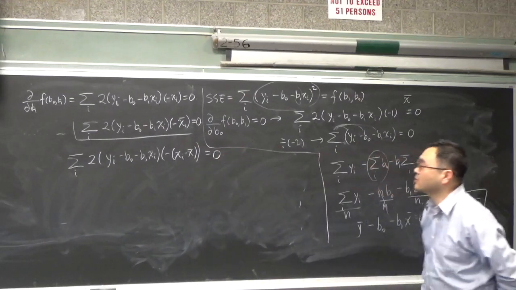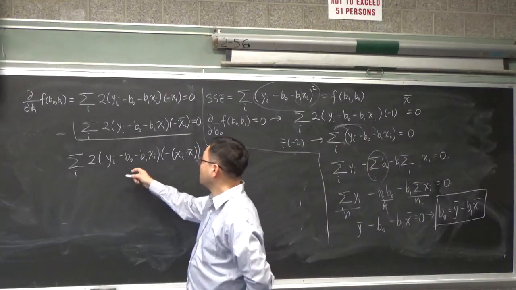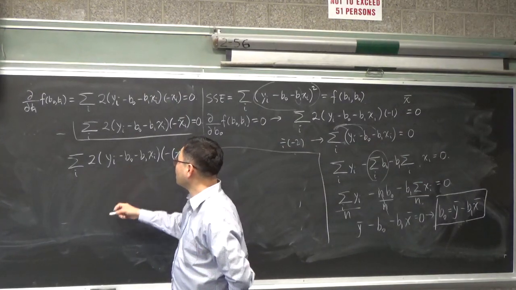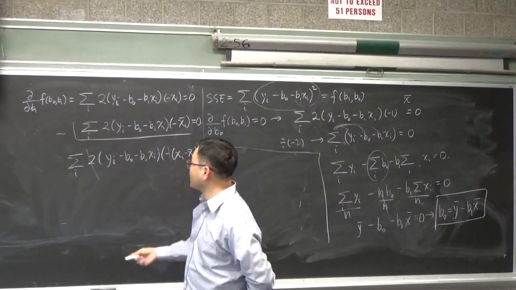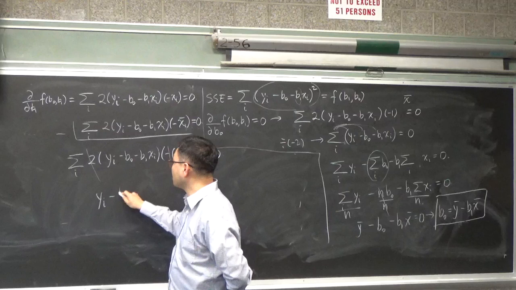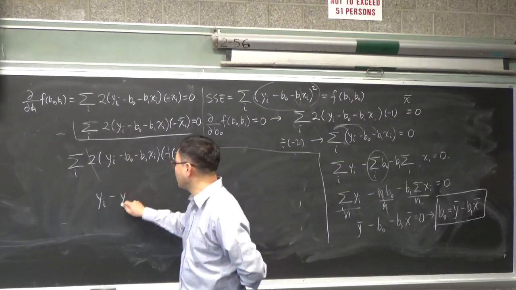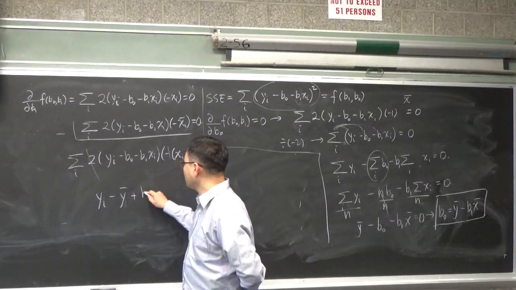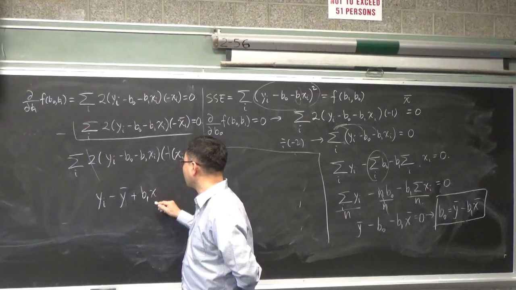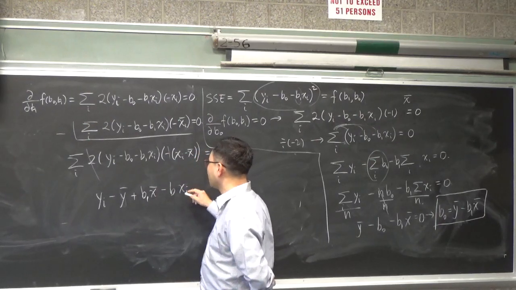Okay? All right, now you're talking. So we can rewrite b0. So again, let's get rid of the negative 2. Rewrite b0 from the first part, minus y bar plus b1 x bar minus b1 xi.